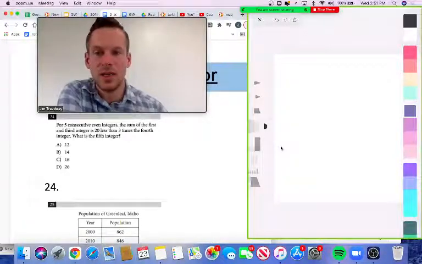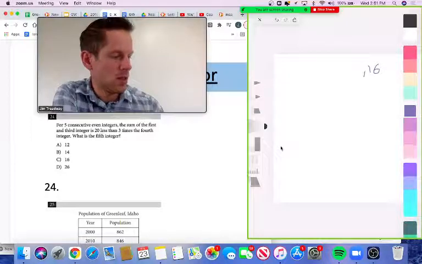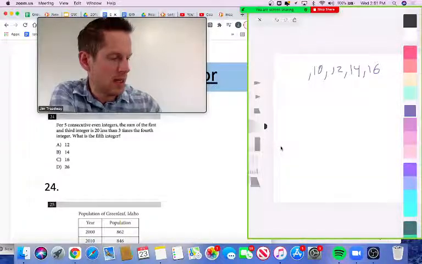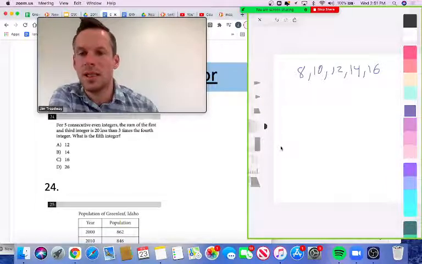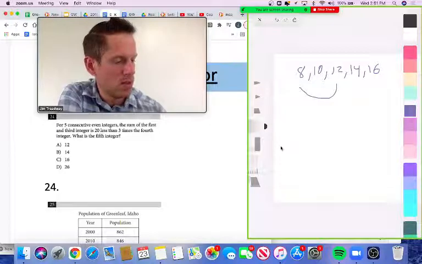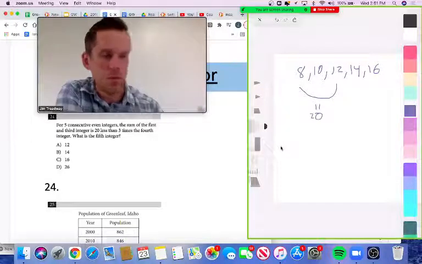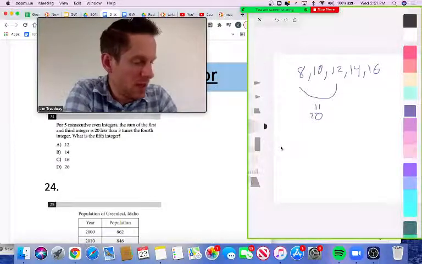We'll try 16 here. So if the fifth integer was 16, and there are 5 consecutive even integers, that means you would have 14, 12, 10, and 8 as the previous 4 integers. And let's see. The sum of the first and third, 8 and 12, which is 20, is 20 less than 3 times the fourth integer.